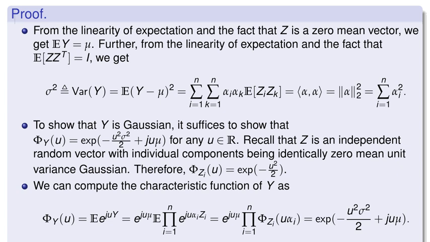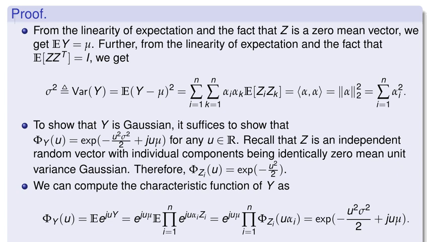This equals e to the j u mu times the expectation of e to the power j times the sum of u alpha_i z_i. Because the z_i are independent, the expectation of the product is the product of expectations: e to the j u mu times the product from i equals 1 to n of the expectation of e to the j u alpha_i z_i.